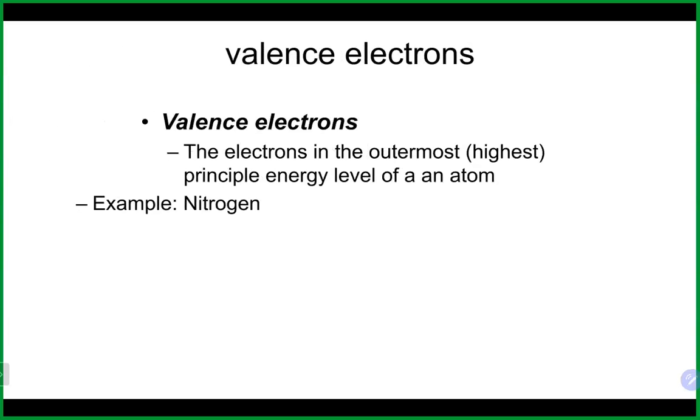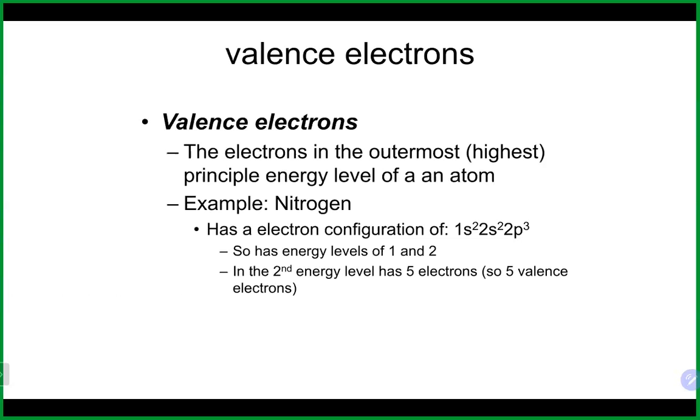All right, so let's talk a little bit about valence electrons. Valence electrons are really the ones involved in bonding. They are the highest energy electrons found in an atom. You can find the valence electrons by looking at the electron configuration, like we see here with nitrogen. We have 2 electrons on the first energy level, and 5 electrons on the second energy level.